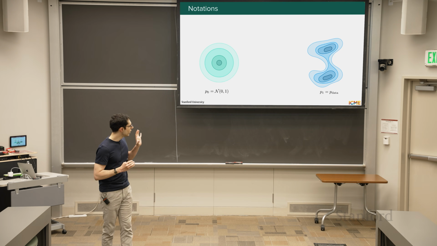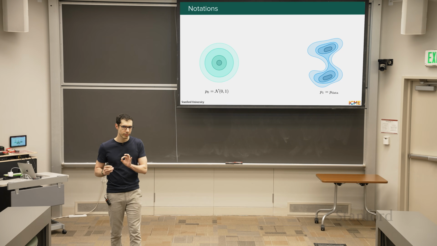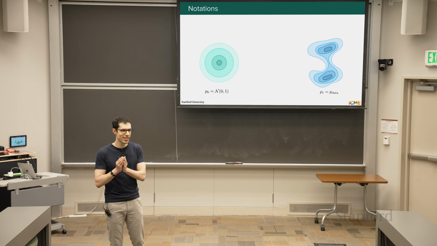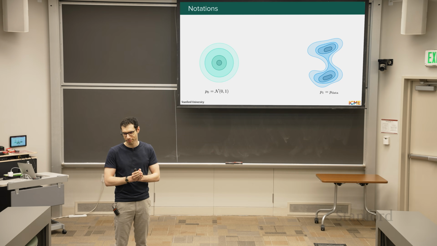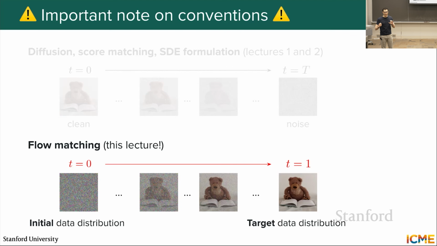And the target data distribution is going to be noted P1, T equal 1. And this is where we want to end up with. And then again, so this slide is just to say that in lectures 1 and 2, we said 0 was clean, capital T was noise. But here, 0 will be noise, and 1 will be what we want, which is the clean images, which is the data distribution.